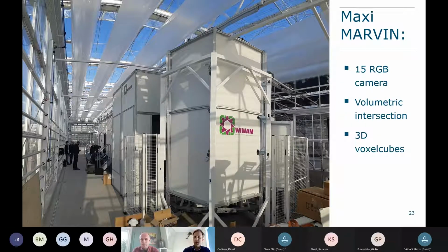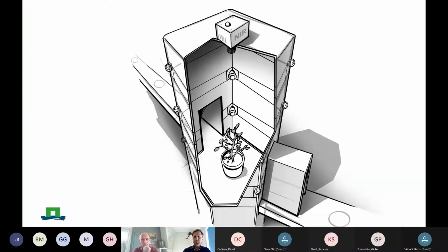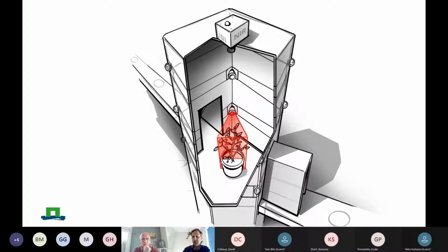So I've added 2 slides to explain the mechanism. It's based on volumetric intersection, and you'll end up with 3D voxel cubes. Just to explain this to you, if you're not familiar with it, because I think it's actually quite a powerful and super fast 3D technique. It is worth exploring also if you are in a hurry, because within seconds you can generate quite an accurate 3D model.